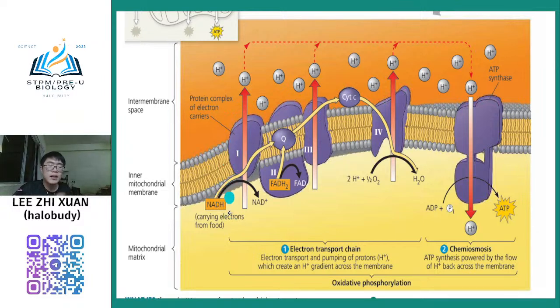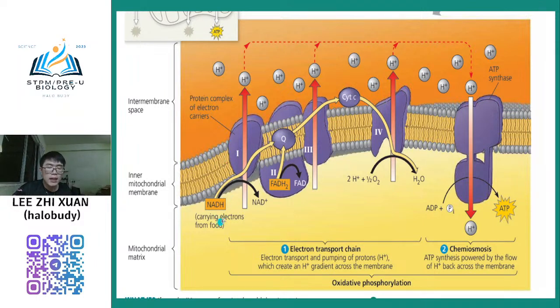It will release the electron to complex 1. So the NADH will undergo oxidation, it will be oxidized to form back NAD+, and release the electron to complex 1. Our FADH2 will also undergo oxidation and release the electron to the complex.